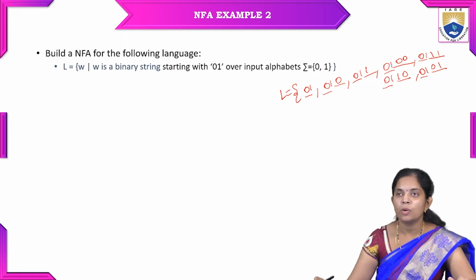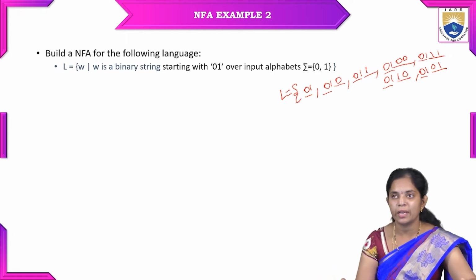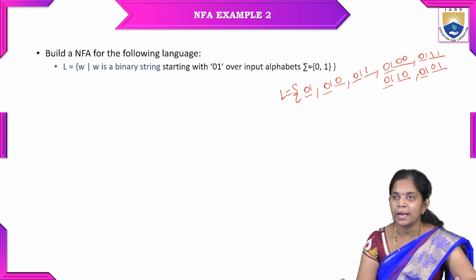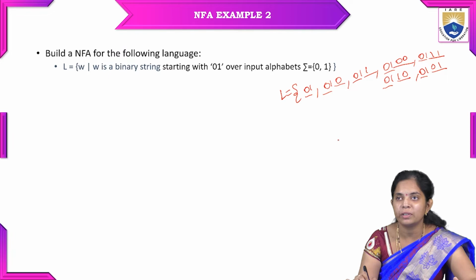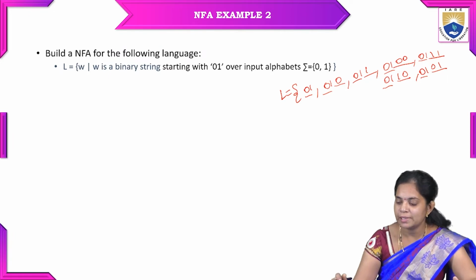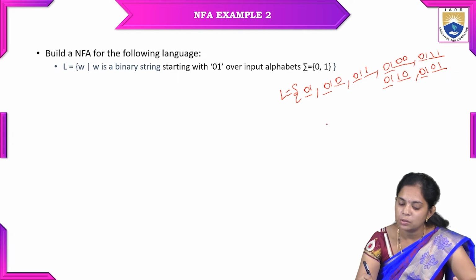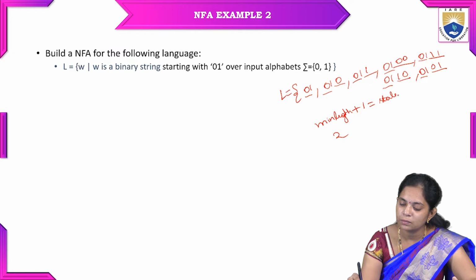For this language, how do we construct an NFA? First we start with q0. How many states do we require for the construction of the NFA? The minimum length is 01, so the minimum length 2 plus 1 is 3.